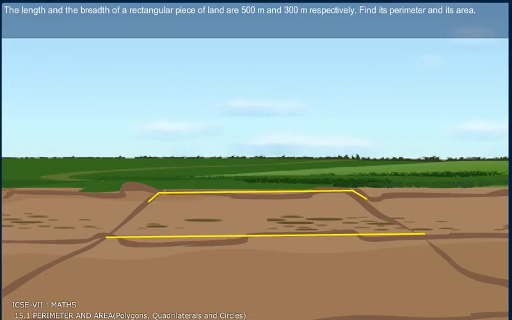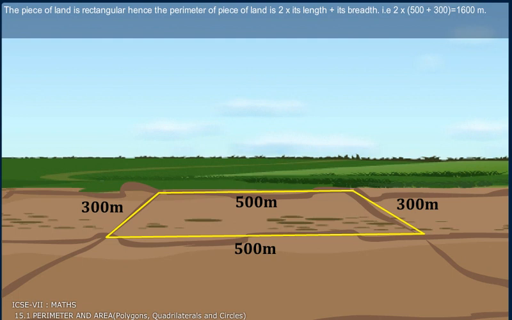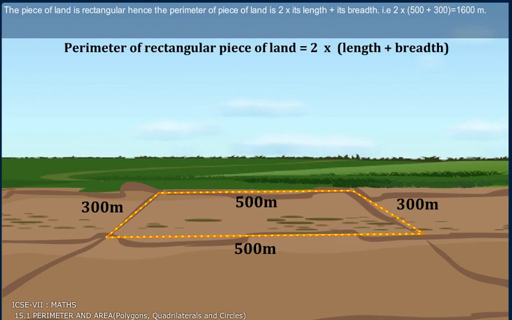The length and the breadth of a rectangular piece of land are 500 meter and 300 meter respectively. Find its perimeter and its area. The piece of land is rectangular. Hence, the perimeter of piece of land is 2 into (its length plus its breadth).